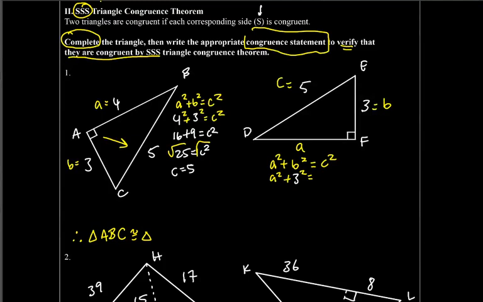And C is 5. Okay, so we got a squared plus, that's going to be 9 equals 25. Subtract 9 from both sides. A squared equals 16. Square root both sides. A equals 4.